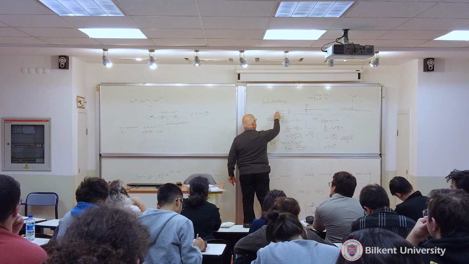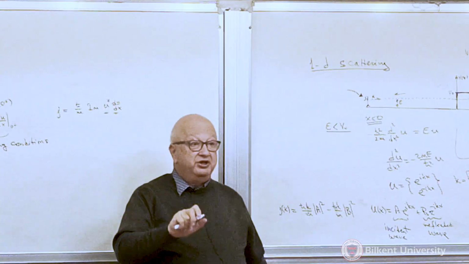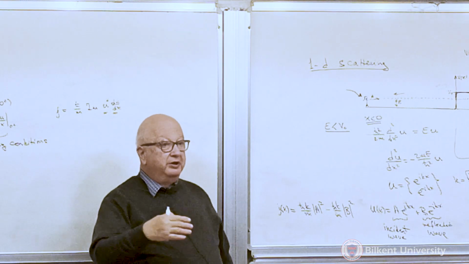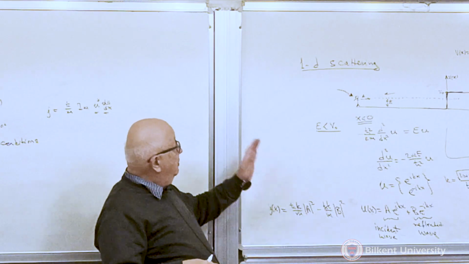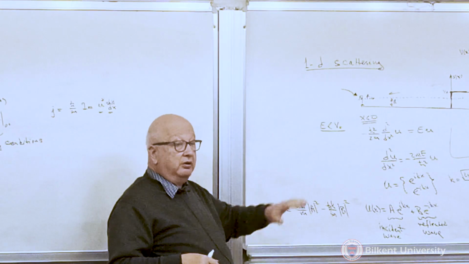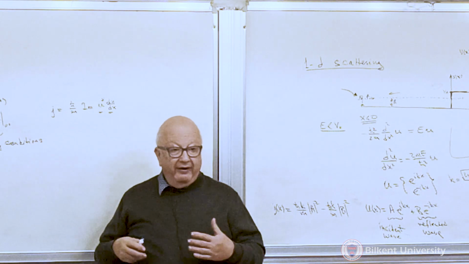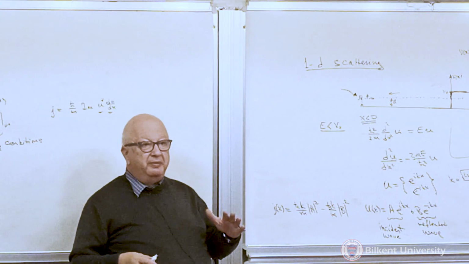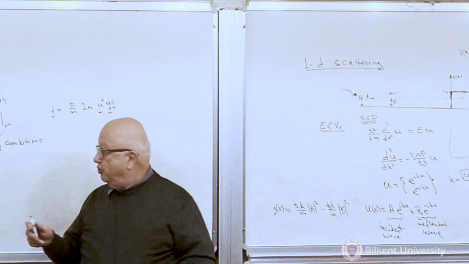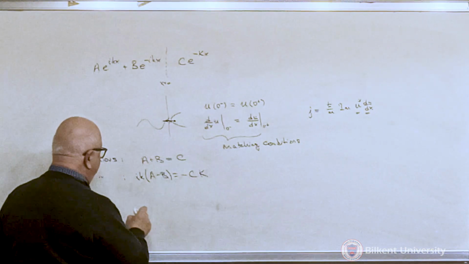A is a parameter where we are adjusting the probability per unit time that's flowing towards the right. So all the results will depend on A, and I treat A as given.